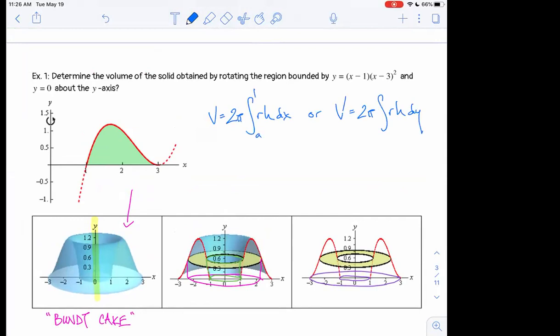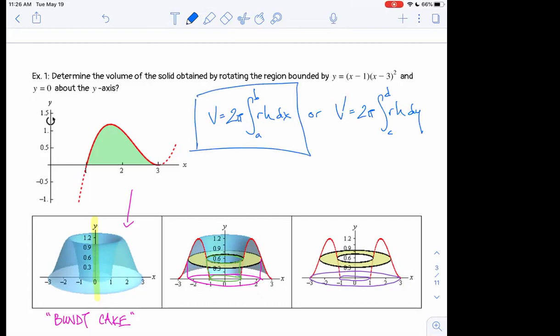The first one would have bounds of a and b, and the second one would have bounds of c and d. So which one of these options works for this case? dy or dx? Dx. Yeah, this is going to be dx, okay?